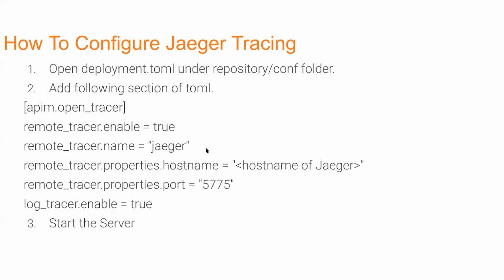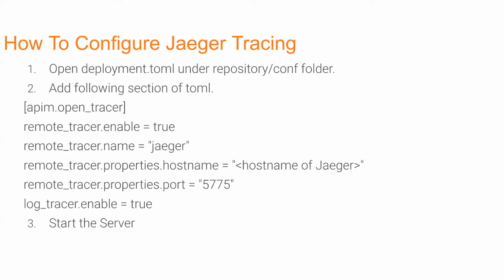In order to configure Jaeger with the API Manager, you need to open the TOML and put a section like apim.opentracer, then enable the remote tracer, set the remote tracer type as Jaeger, and then give the host name and the port.